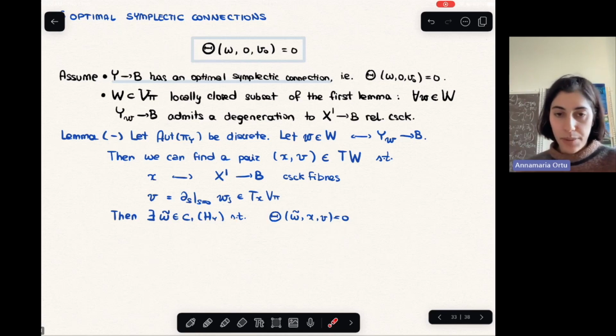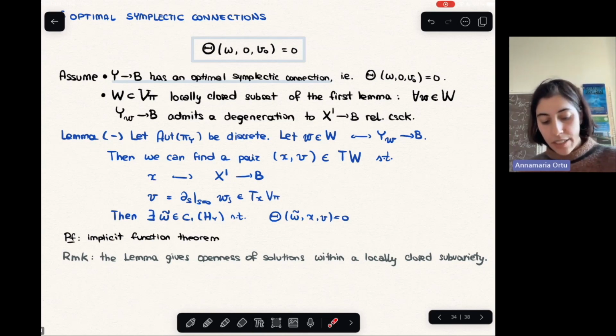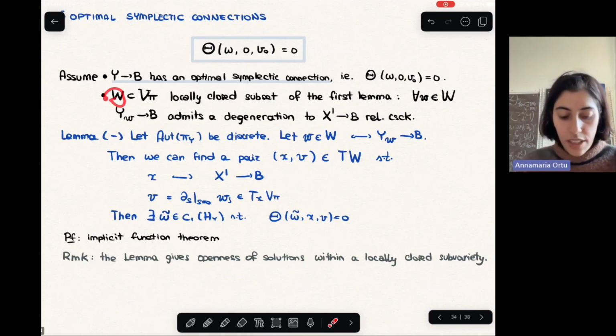So we can find an optimal symplectic connection also on this new fibration. So then the proof is an implicit function theorem result, and this lemma gives openness of solutions within the locally closed subvariety that was W.